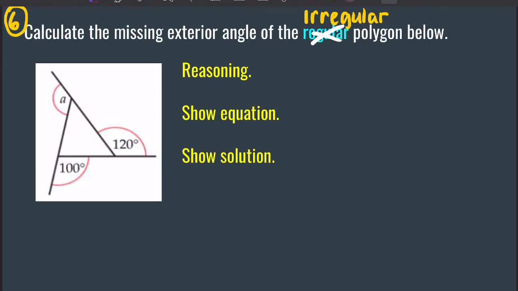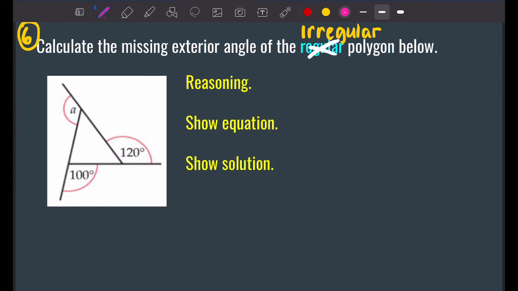Remember, in geometry there are many ways of solving a problem. But first of all, please make sure to change it to irregular, because one exterior angle is 120 and the other is 100. So you know it's already irregular.